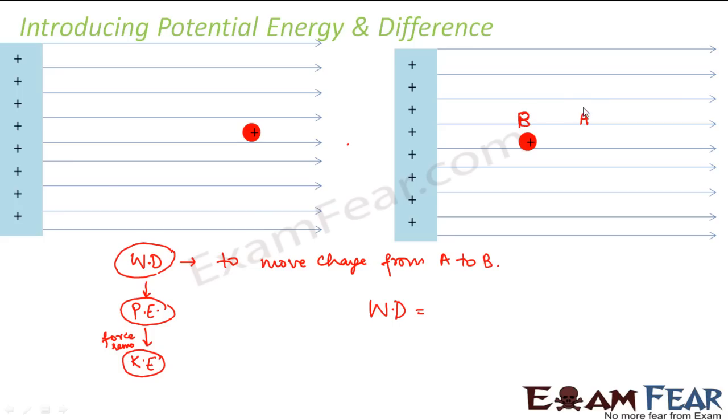So you are doing some work to take this from A to B. So this work done, in terms of physics, is defined as the potential at the destination minus the potential at the starting point. So you are taking it from A to B. So work done is potential at B minus potential at A.